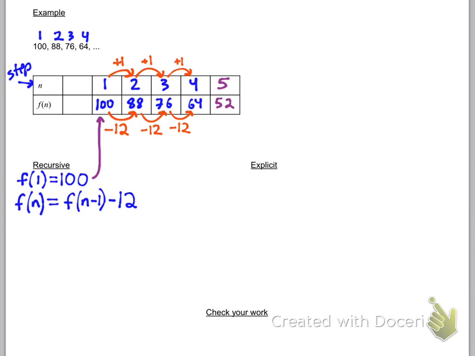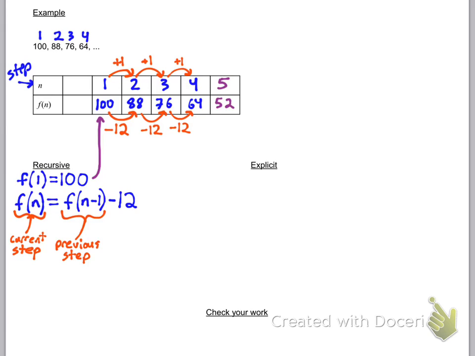Now let's talk about what these letters mean. Well, first of all, f of n, that is the current step. Okay, that's like this step right here. F of n minus 1 is the previous step. And if you think about what input means, that kind of makes sense. If you're on step n minus 1, in other words, 1 before the step we're on, that's the previous step. So f of n minus 1 means the previous step.